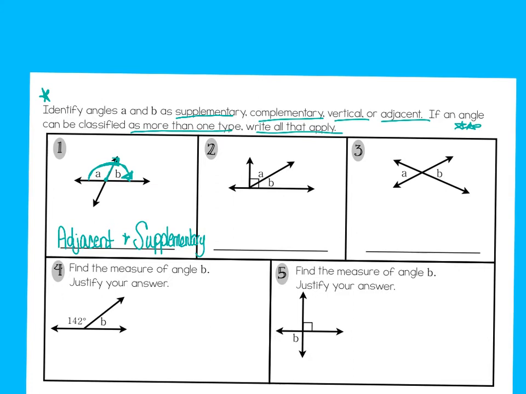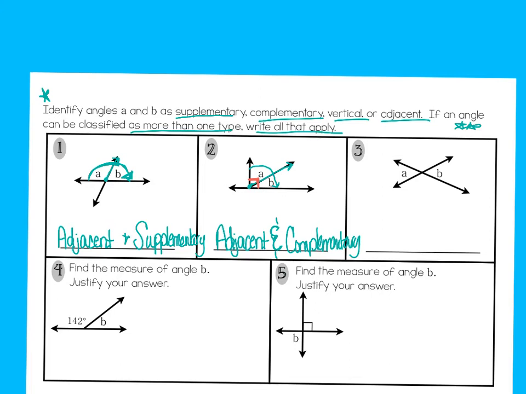Well, they are adjacent because they share a vertex and they share this side, and they are complementary because we see this symbol here, which means 90 degrees, and we can tell from the picture that when we put A and B together, it forms that 90 degrees, so therefore they're complementary.